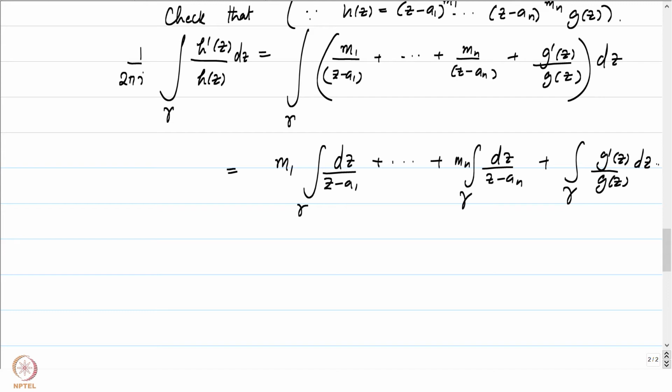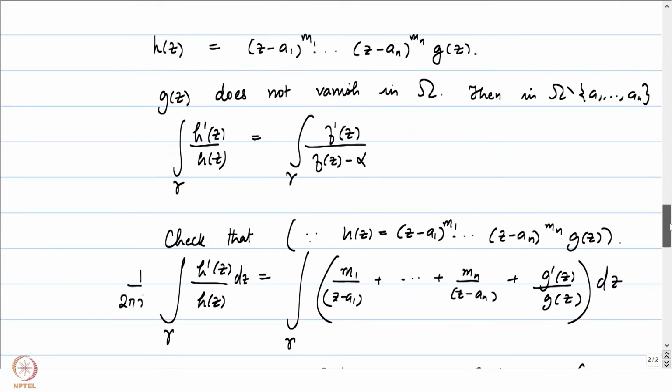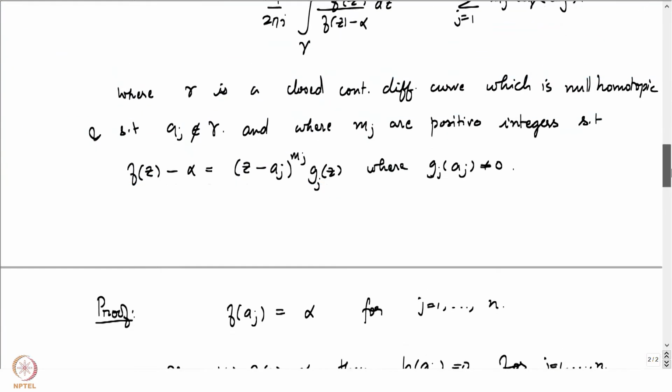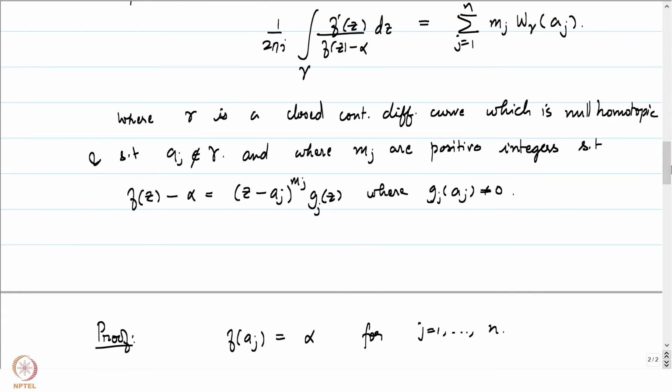g prime of z by g of z is a holomorphic function on omega. Notice that g does not vanish on omega, so 1 by g is also a holomorphic function. In particular, g prime by g is also a holomorphic function. And if I go up and look at our curve gamma, we have assumed that our curve gamma is null homotopic.